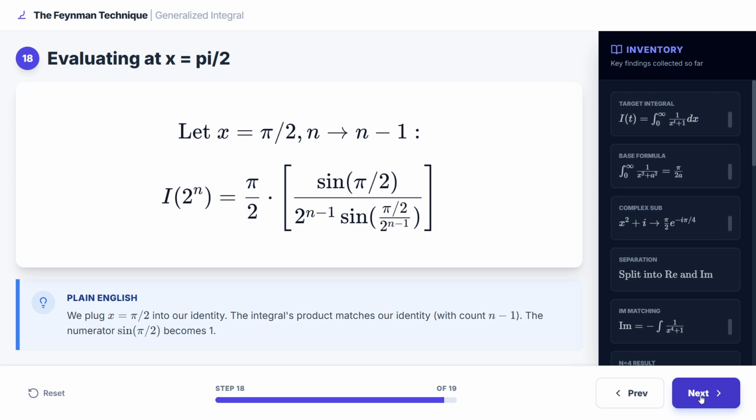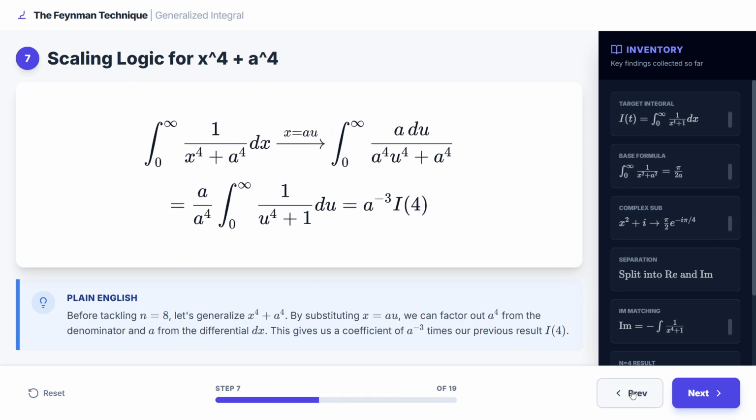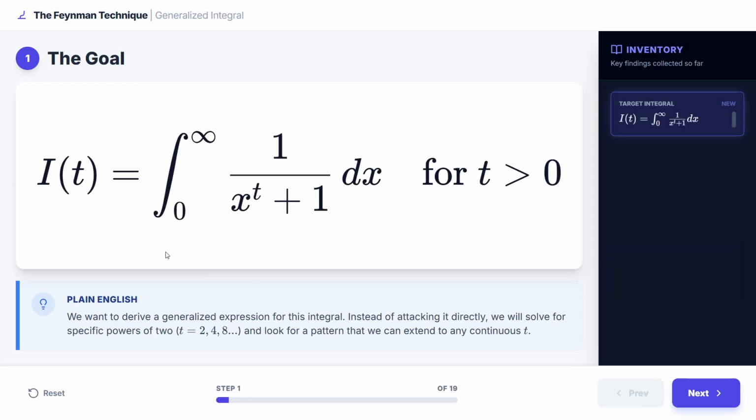All right, so if we do that, this is what we end up with. So this is our I in terms of 2 to the n. So what we've really done is, I'm going to go all the way back to the beginning now. We have a general form for this integral, except where our t is 2 to the n.